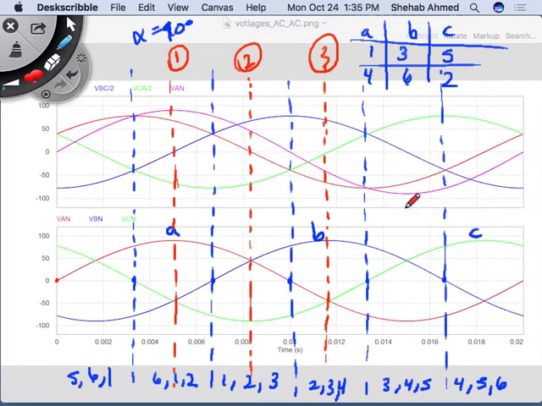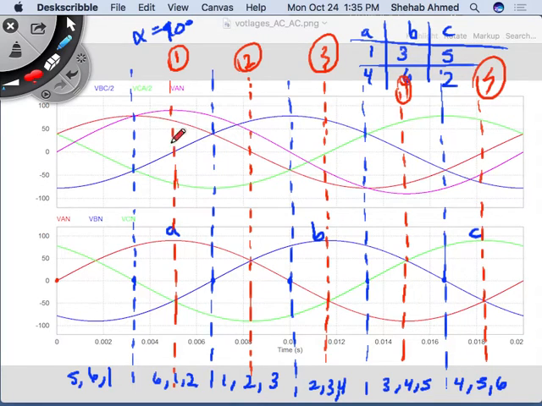Then 3, 4, 5, and thyristor 6 would start conducting. This is where I'm firing thyristor 6.